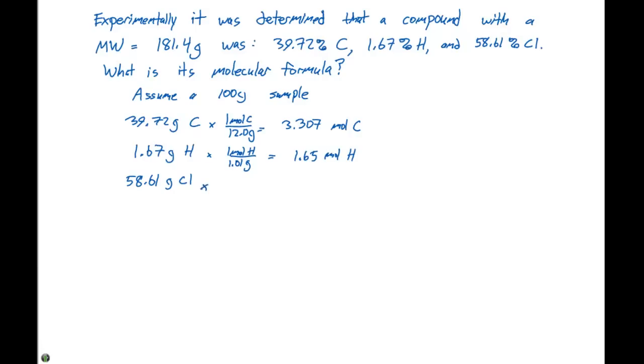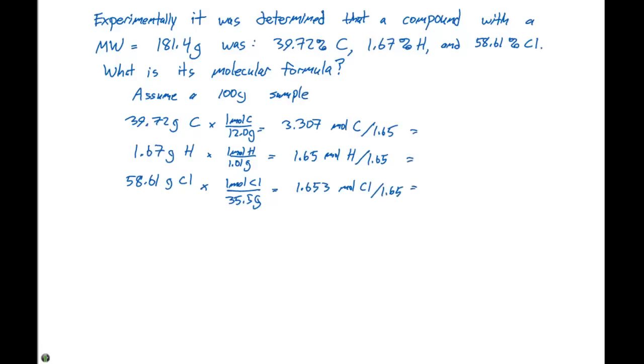Lastly, we need to convert the 58.61 grams of chlorine over to moles. For every 1 mole of chlorine, there's 35.5 grams. This gives us 1.653 moles of chlorine. Now that we have each of the moles of these components, we need to divide by the smallest number. That will be 1.65. So we need to divide all 3 of these by 1.65.